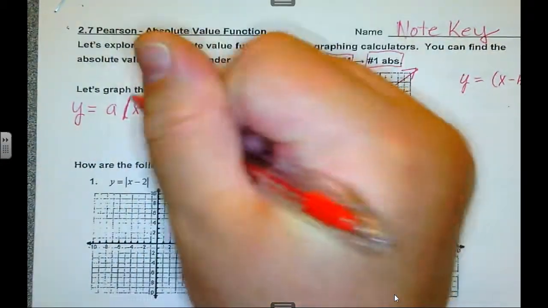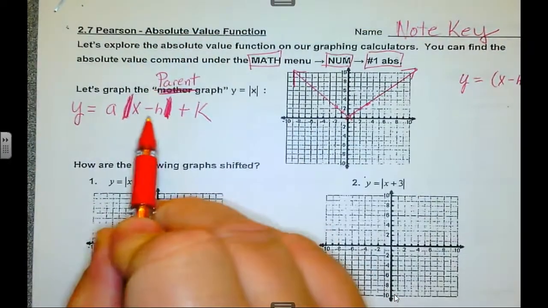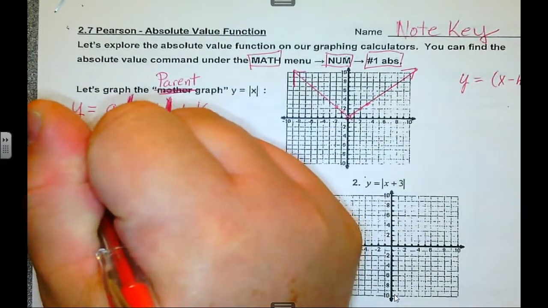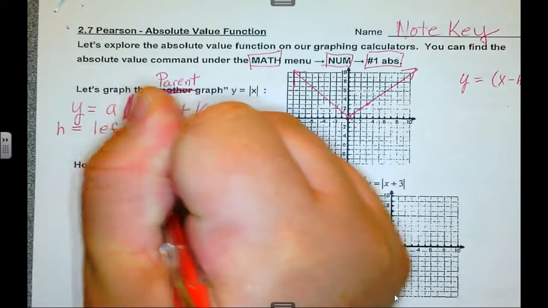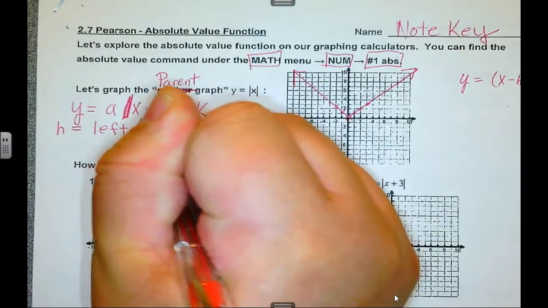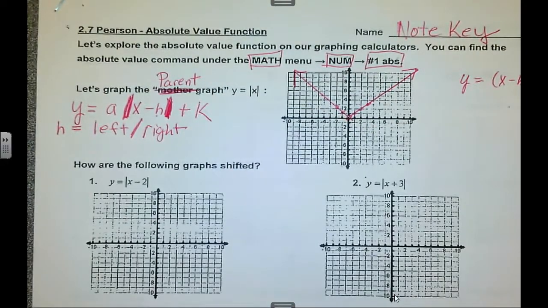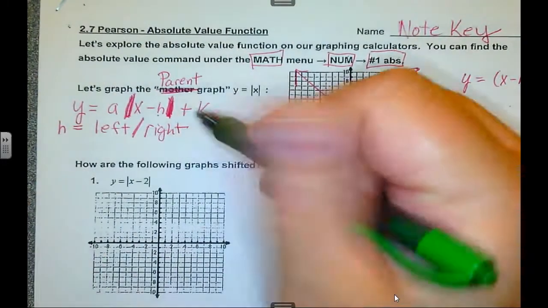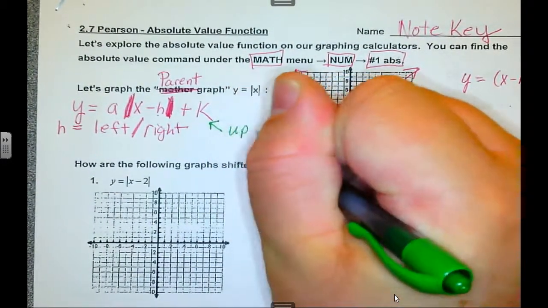So, this is absolute value symbols. So my h here, h is going to tell me left or right. K is going to tell me up or down.